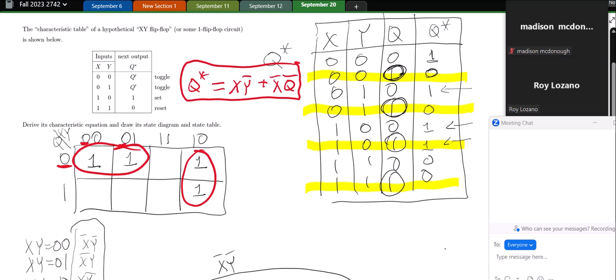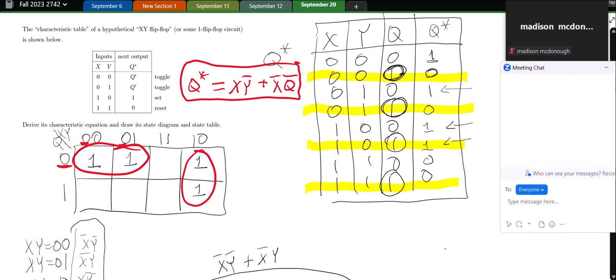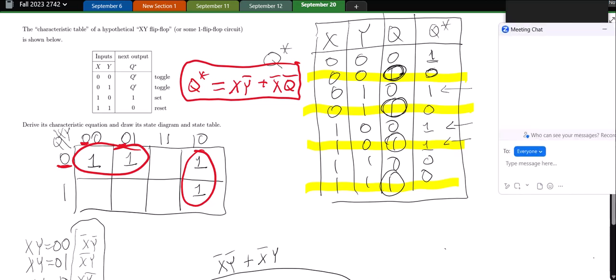So if I am in state 1 and I get x equal to 0 and y equal to 1, I go to state 0. I go to the other state. So I can put that here as x bar y because once again, that would be going to state 0. So I'm going to put that on the arrow that's going over to state 0.